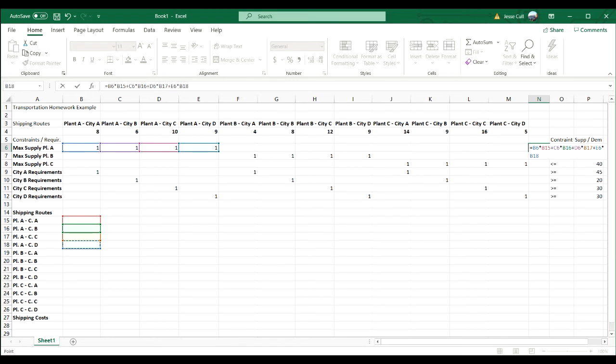And we can skip the other 8 because they're all 0 and the ultimate end goal will be 0. So we hit enter. It will be 0 now because we haven't shipped anything yet.